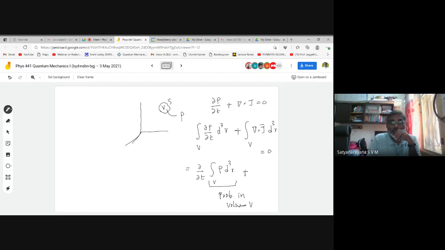Plus, I can use Gauss divergence theorem and write this as a surface integral over j dot dA over the surface that is bounding this volume. That is equal to 0.